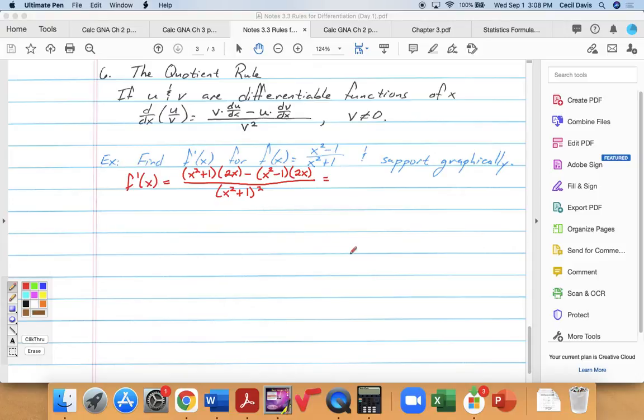If this was a free response question, and by the way, it won't be, you won't get a free response question like this on the AP exam. You get a multiple choice question because they want you to simplify it.